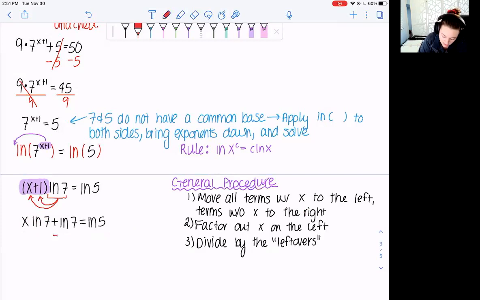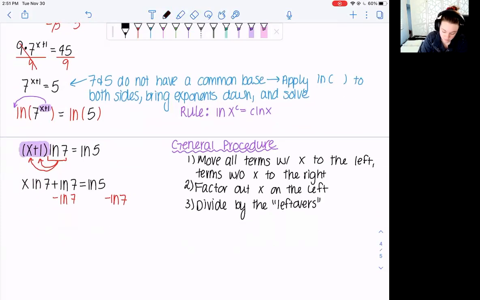So we are subtracting ln7 on both sides. And canceling. So we have x ln7 is equal to ln5 minus ln7. There's no factoring out to do in this particular problem because we only have one x term, but we will get to problems that have multiple.